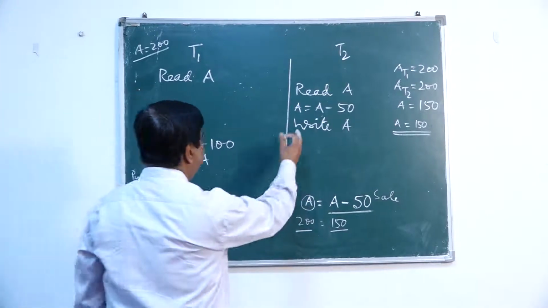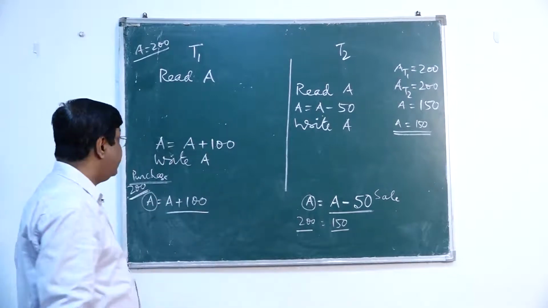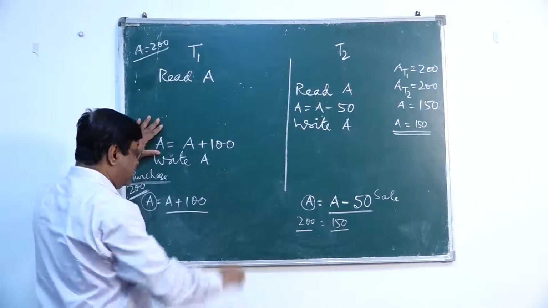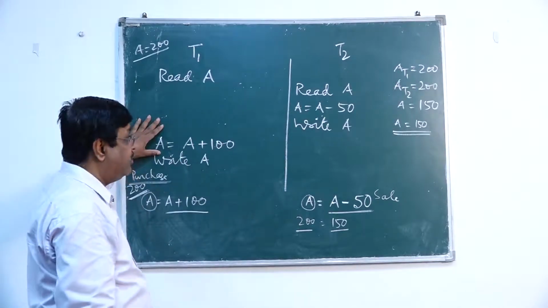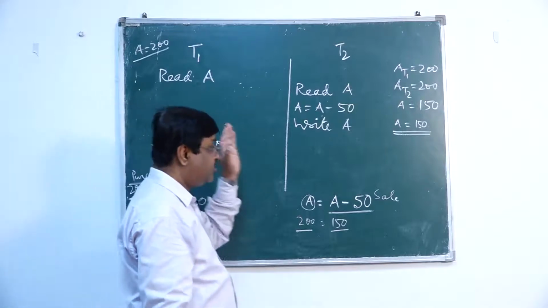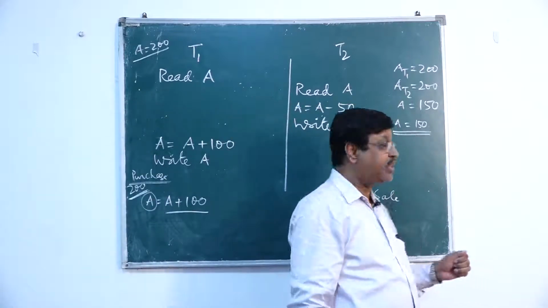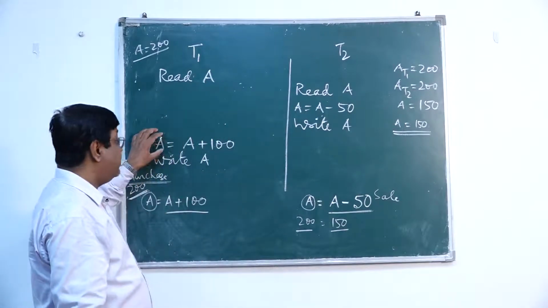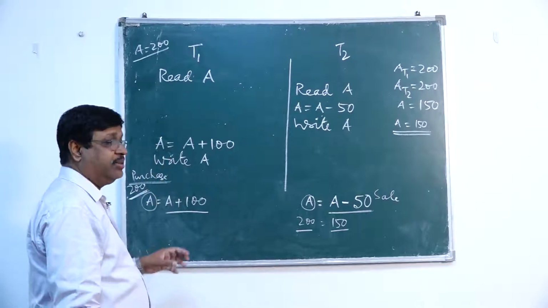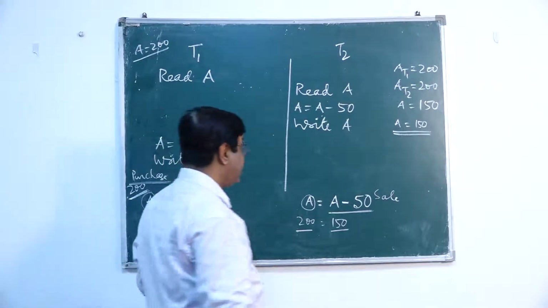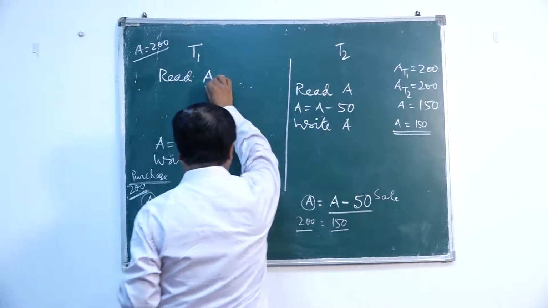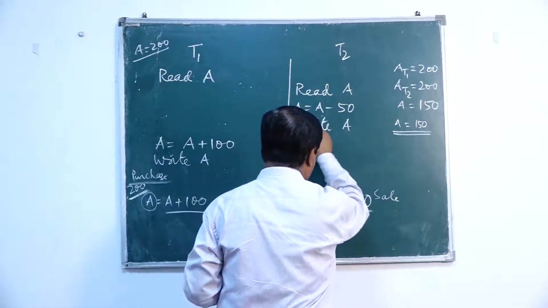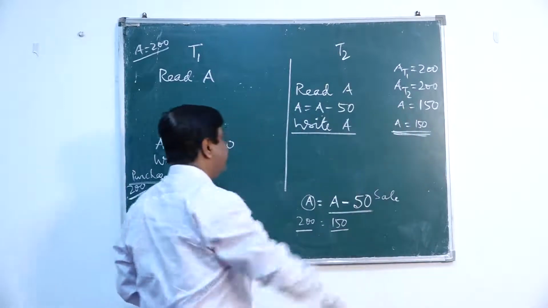After executing this, the processor comes to transaction T1. What is the value of A here? Whether it is 200 or 150. The value of A for T1 would be 200. Why so? Why not 150? Because transaction T1 reads the value from the secondary memory before this value is written by transaction T2.